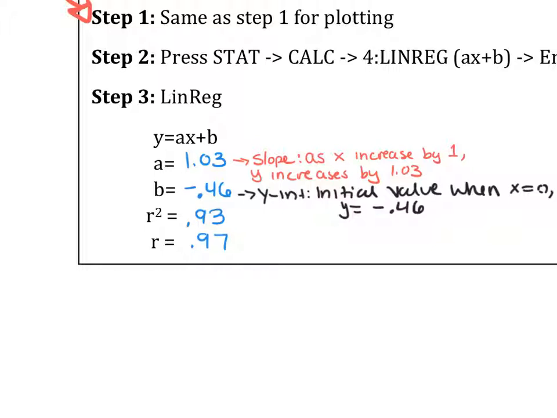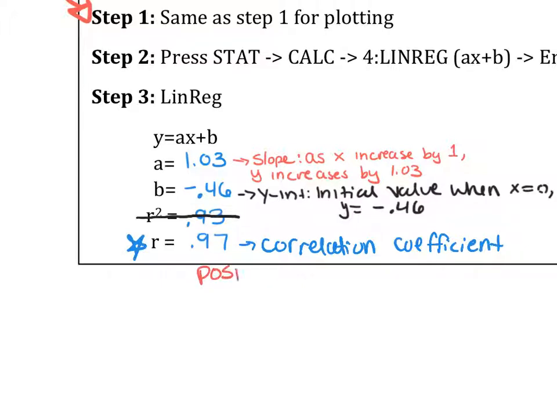The r squared value we're not really going to worry about, so we can just cross that out. We are only focused on r, which is the correlation coefficient. Since r is a positive number, that means our relation is positive.